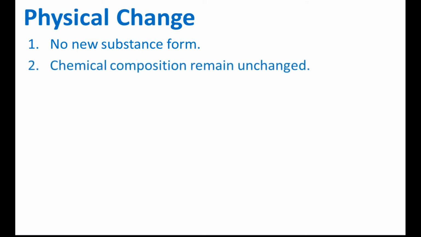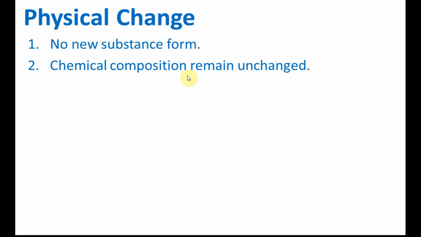For a physical change, there is no new substance formed. So before and after the change, it's still the same substance. For example, freezing of water to become ice. Chemically, the components of ice and the components of water are the same. They are the same substance, even though they are in different physical states.